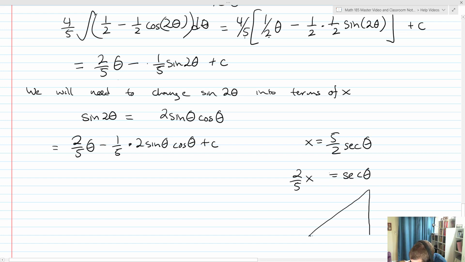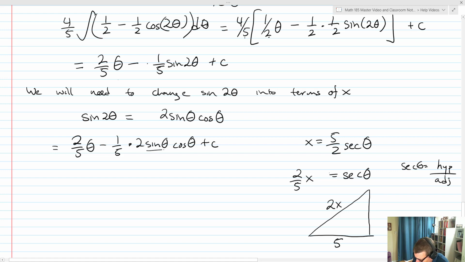And secant theta is equal to the hypotenuse over the adjacent, right? It's the flipped of the cosine. So consequently, we'll let 2x be the hypotenuse, and the adjacent is going to end up being 5.